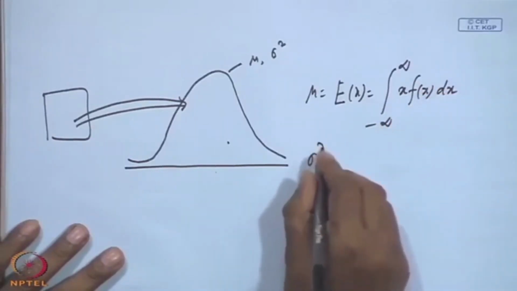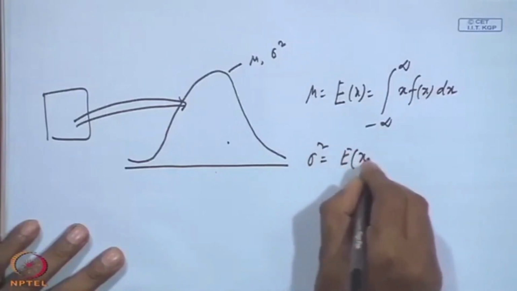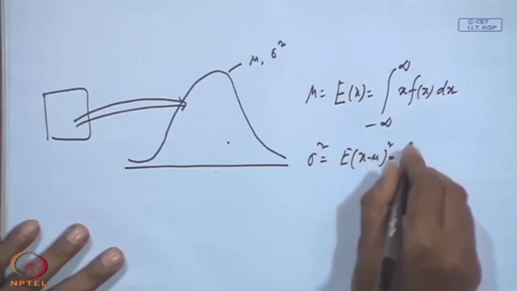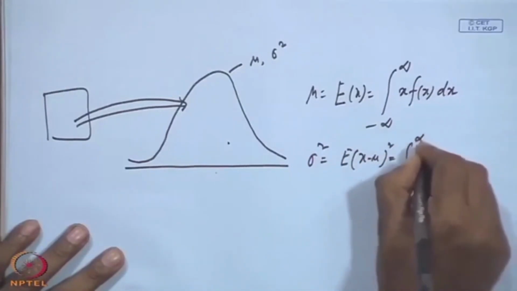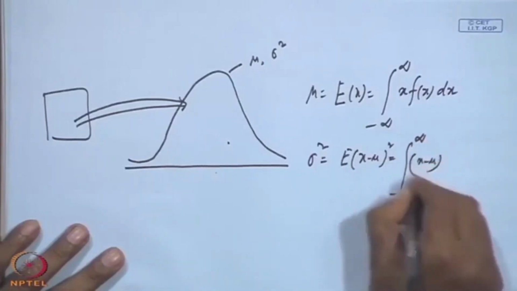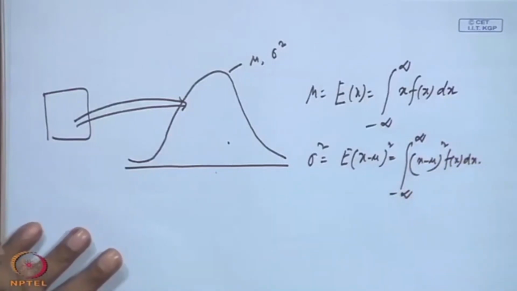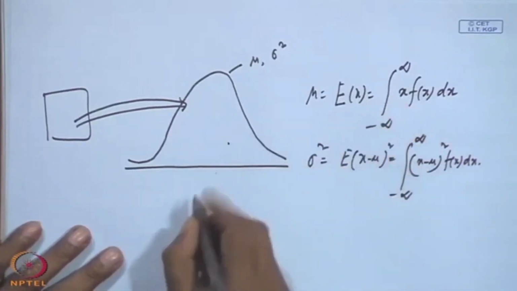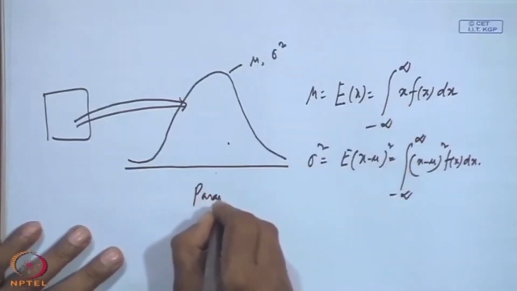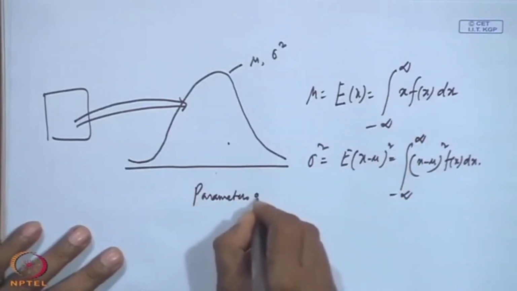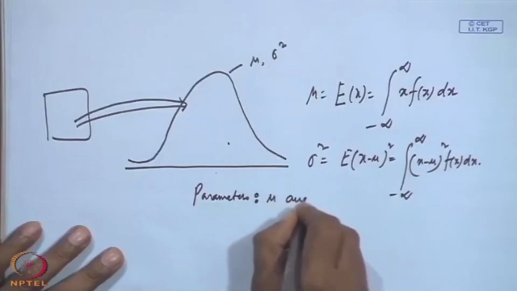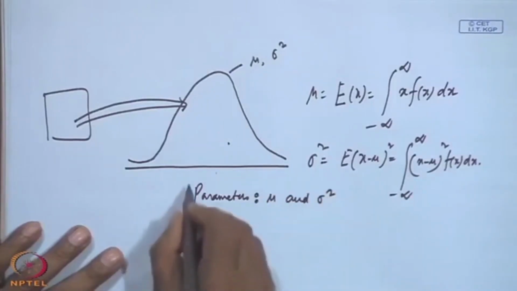And sigma square is again the integral of (x minus mu) whole square f(x) dx. So, I am saying the parameters are mu and sigma square here.